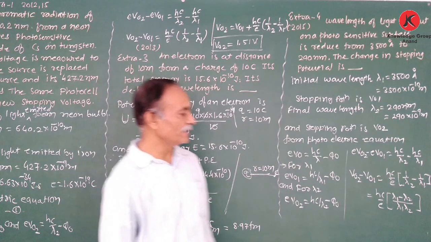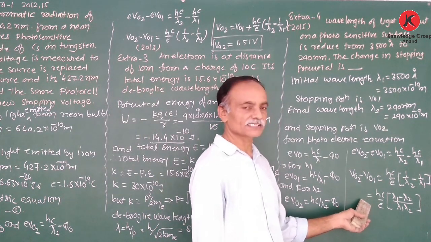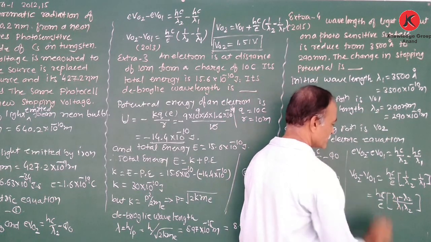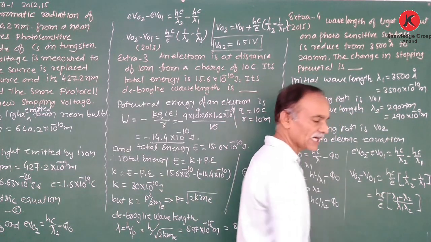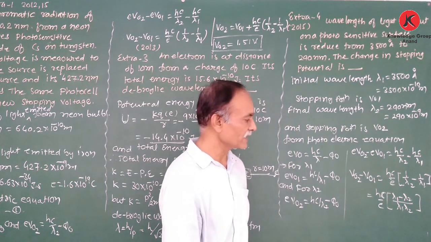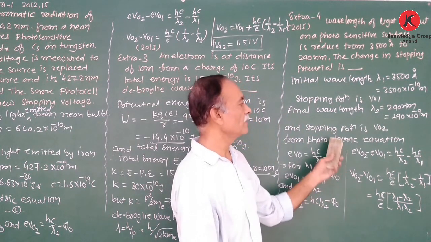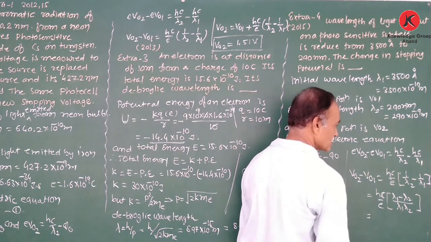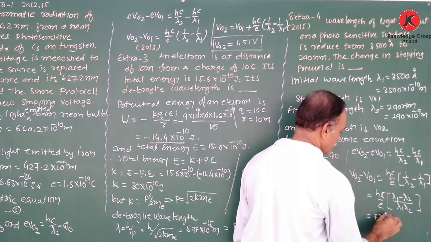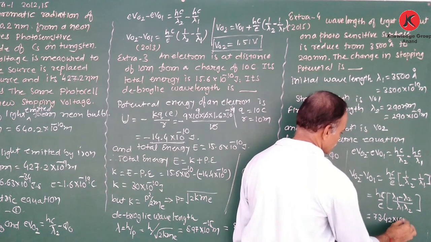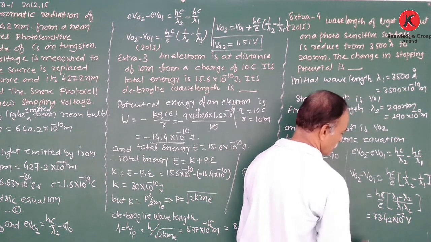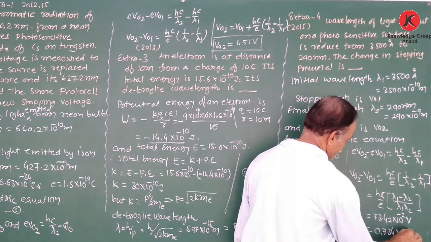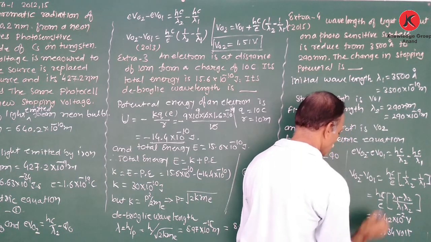As we substitute the value of h, Planck's constant 6.63 into 10 to the power minus 34, c the speed of light 3 into 10 to the power 8, e the charge of an electron 1.6 into 10 to the power minus 19, and the values of lambda 1 and lambda 2, we obtain the change in potential difference as 73.42 into 10 to the power minus 2 volt, or in other words, 0.7334 volt. That is the change in stopping potential.